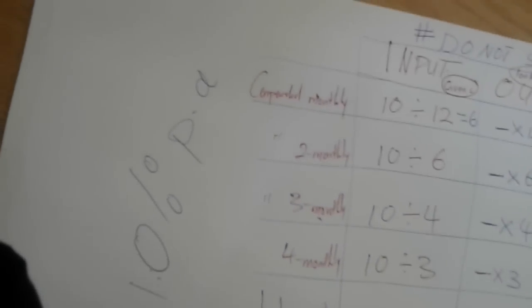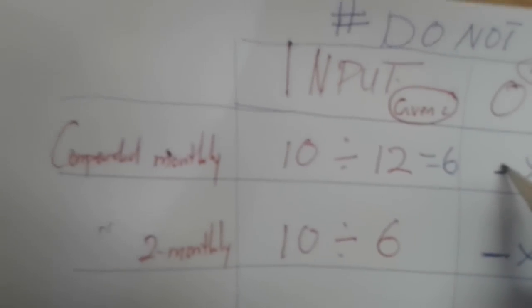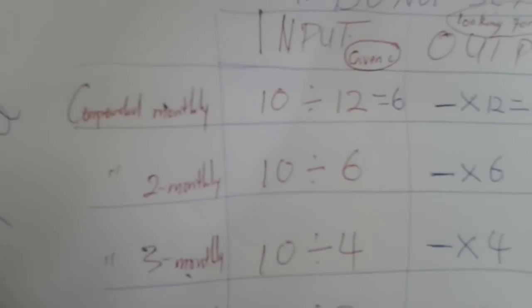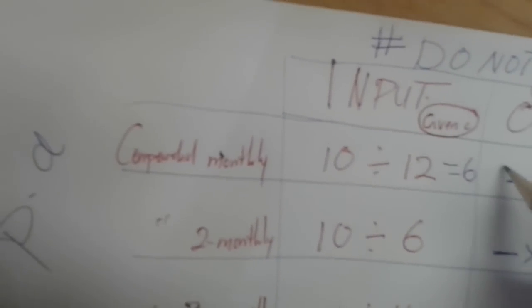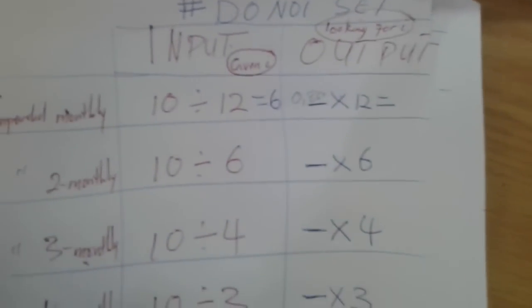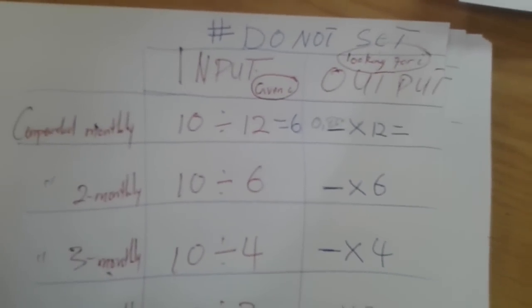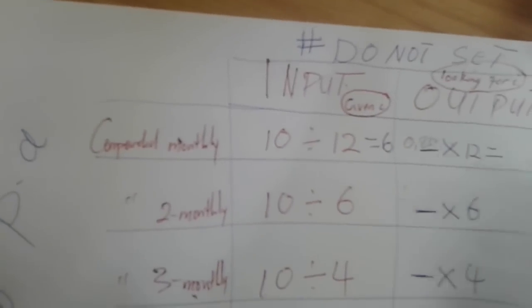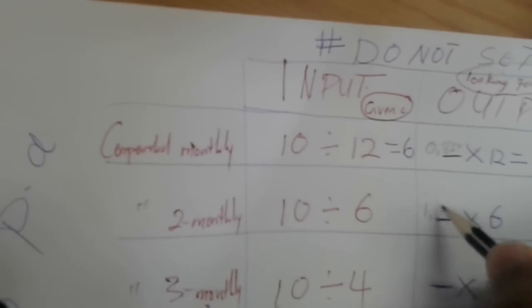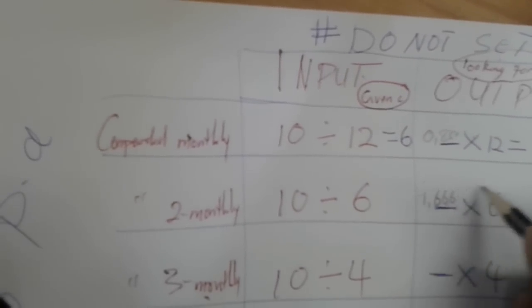So, when you compute I here, the calculator will give you 10 divided by 12, which is 0.833. If you multiply that by 12, then it gives you 10%. Again here, if you compute I, the calculator will give you 10 divided by 6, which is 1.6667.